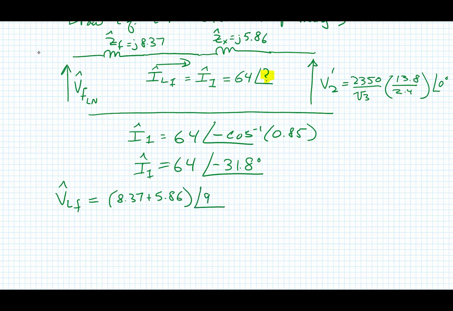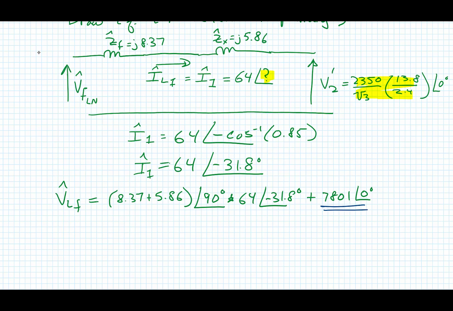We know it's got a j, that's a 90, times the phasor form of the current, which is 64, negative 31.8. Then we've got to add the voltage here. So that voltage, multiplying through all of these things right here, is 78.010 degrees.